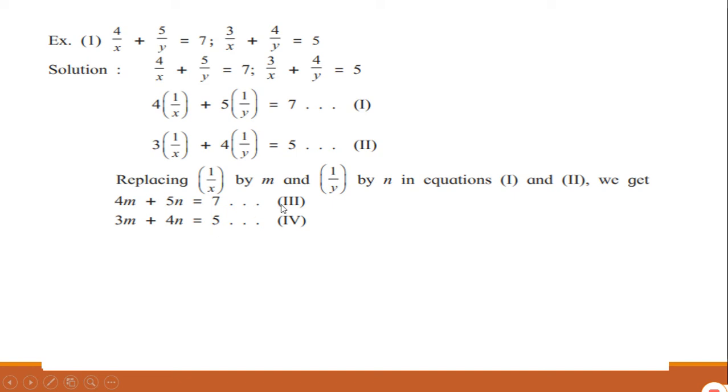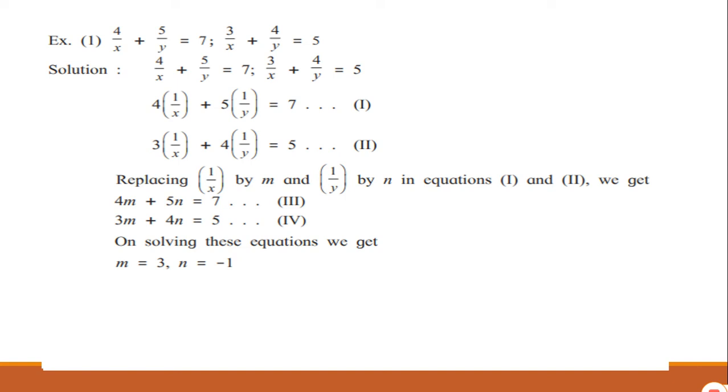This is the third equation and this is the fourth equation. Now these are linear equations. We can use any one of the methods that we learned earlier to solve these equations. On solving these equations, we get m equal to 3 and n equal to minus 1.